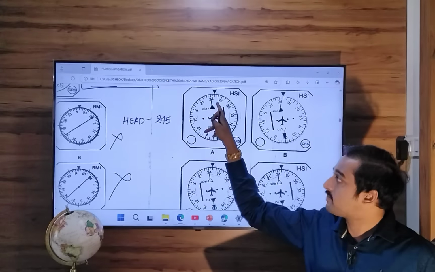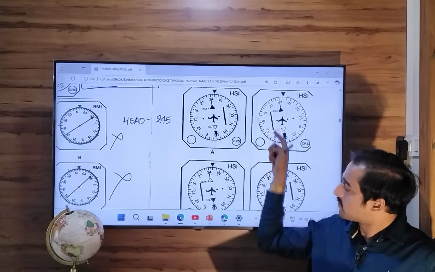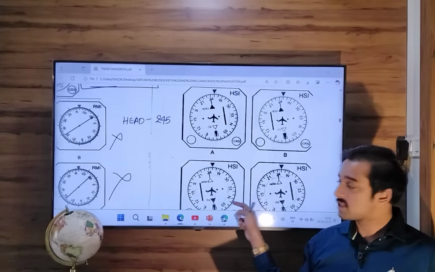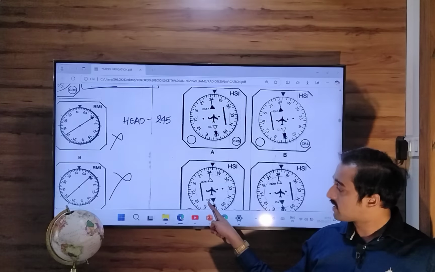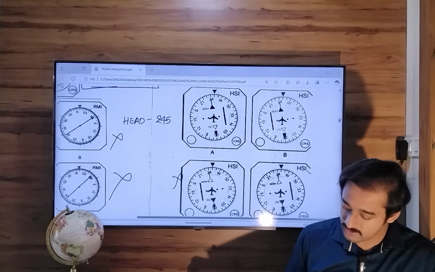So it should be here. In this case, it is also here. In these two cases, it is at the to indication. This black triangle you see is next to the to indication. So Charlie and Delta are the wrong options.